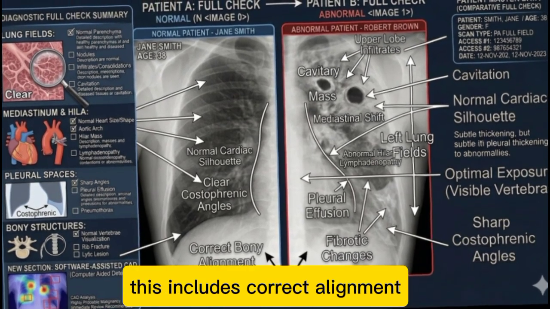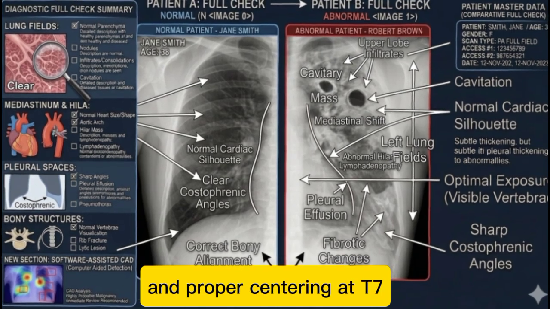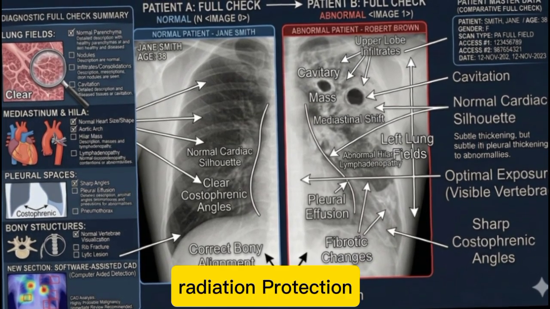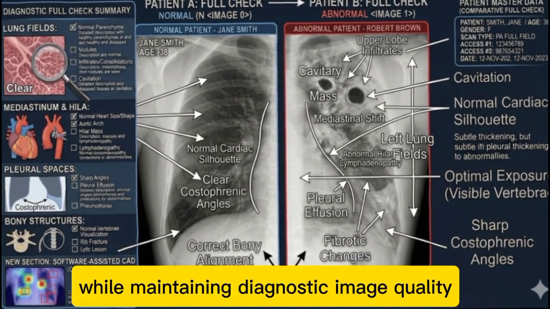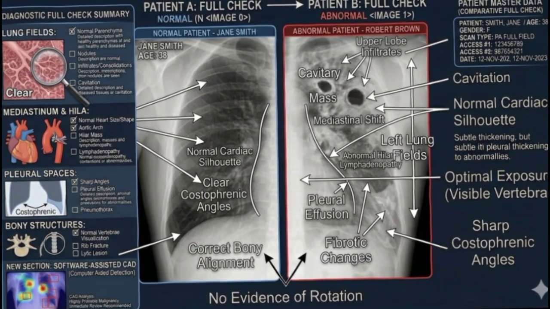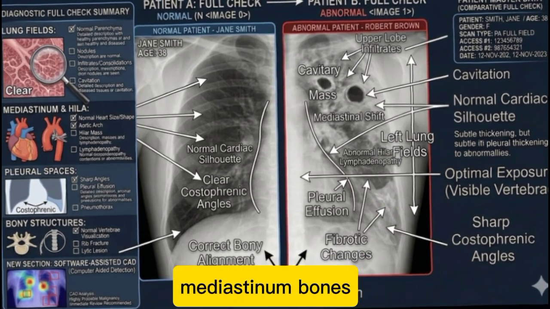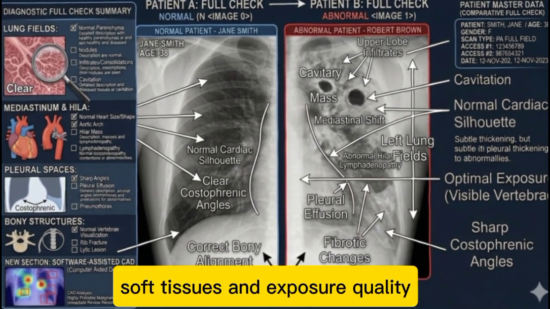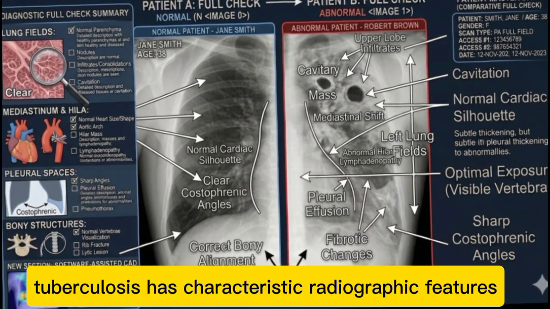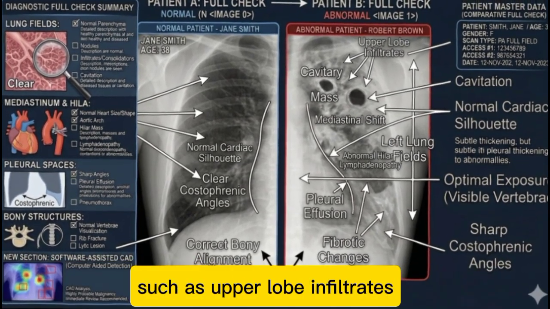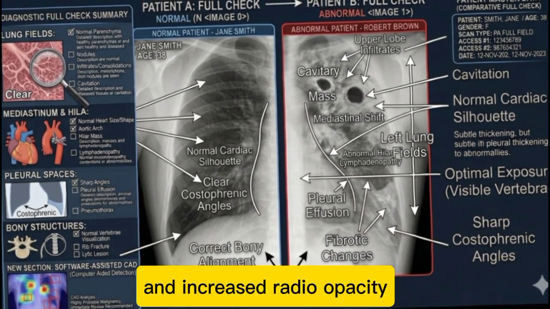This includes correct alignment, scapular displacement, full inspiration, and proper centering at T7. Radiation protection principles must always be applied to minimize patient dose while maintaining diagnostic image quality. Image evaluation involves systematic assessment of lung fields, mediastinum, bones, soft tissues, and exposure quality. Finally, tuberculosis has characteristic radiographic features such as upper lobe infiltrates, cavitation, fibrosis, and increased radiopacity.